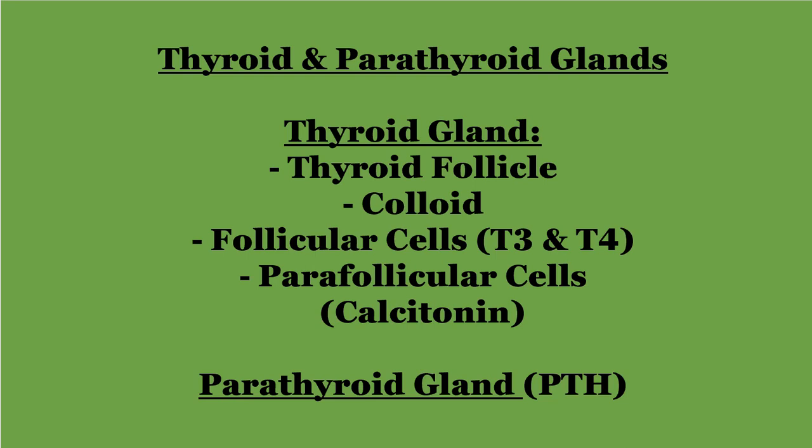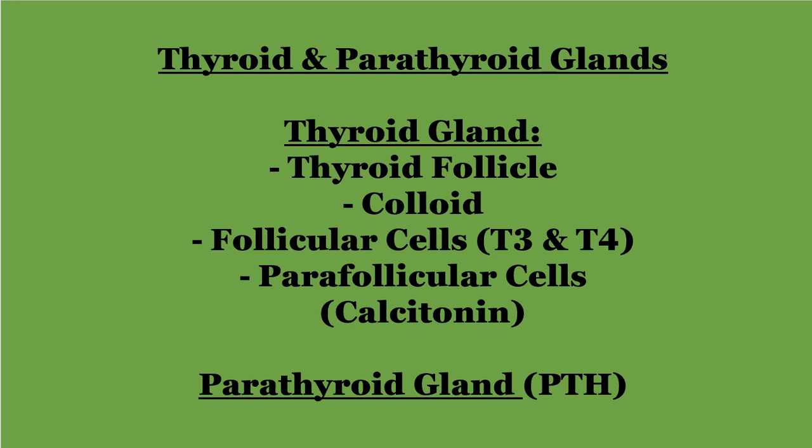Parafollicular cells are also located in the thyroid gland. Parafollicular cells are going to give calcitonin. Now, calcitonin is going to bring blood calcium levels down. The parathyroid glands give us parathyroid hormone, which is going to increase blood calcium levels.